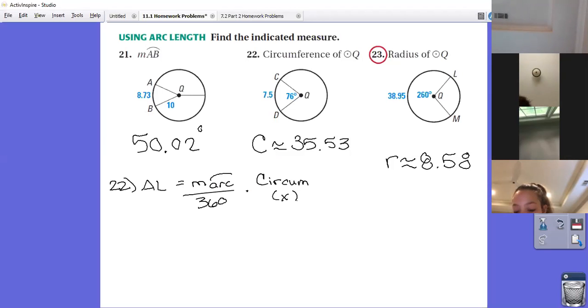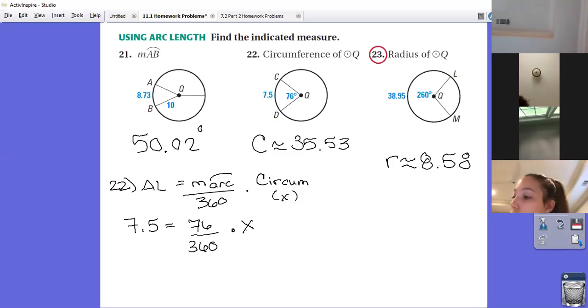Okay. I know the arc length is 7.5. The measure of the arc is 76 divided by 360. And here I'm just going to use circumference. Now, in order to get X by itself, I have to multiply by the reciprocal of this fraction. So I'm going to multiply by 360 over 76 on both sides.